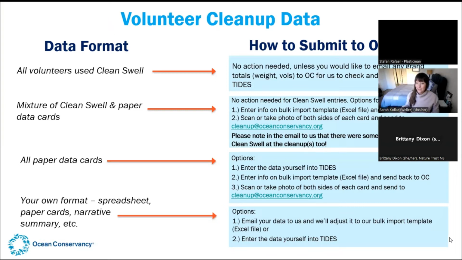You can either send us your own spreadsheet, or we can give you this template and you can do some copying and pasting to fit your data into our upload template. Then all you have to do is send that data back to me or Truett, and we can bulk import all of those data for you.